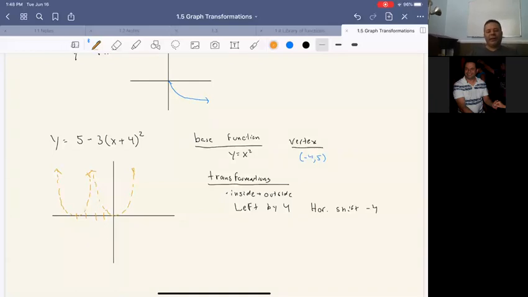Now, what's the next thing? We have this 3. Okay, so that 3 is happening. Is it happening on the inside of the base function or the outside? It's happening on the outside. So it is a vertical stretch by a magnitude of 3.